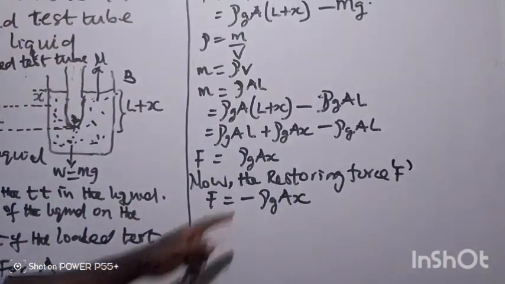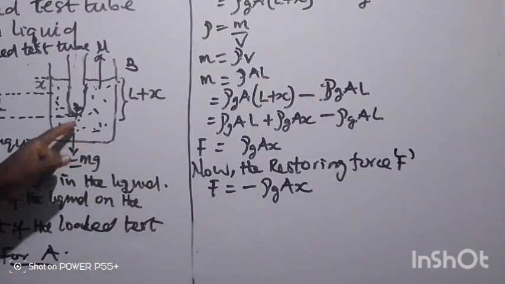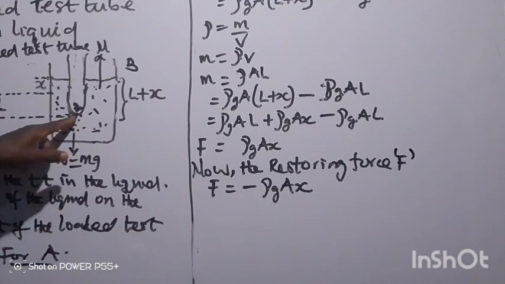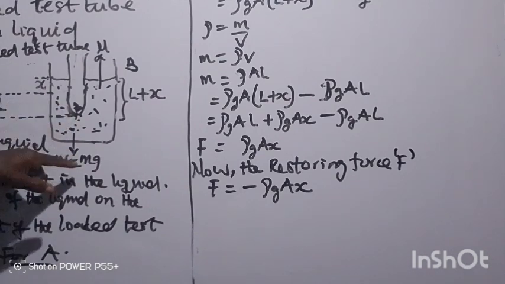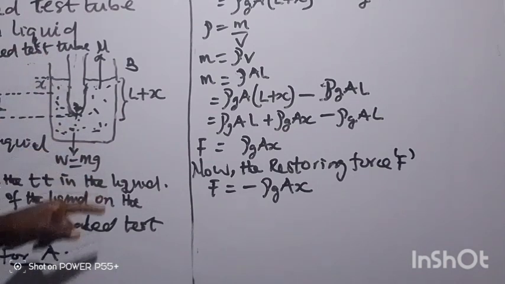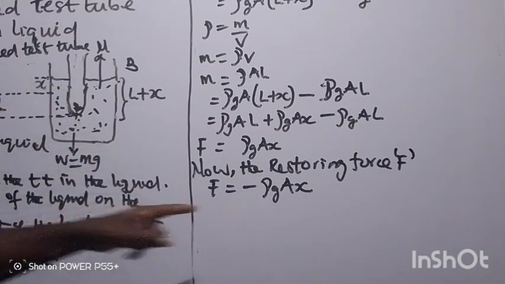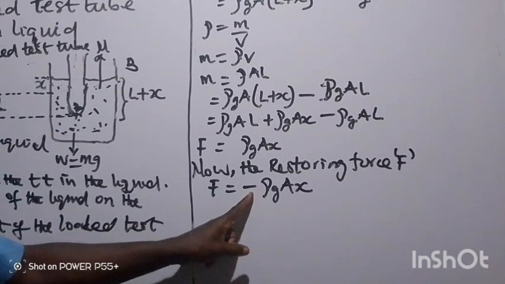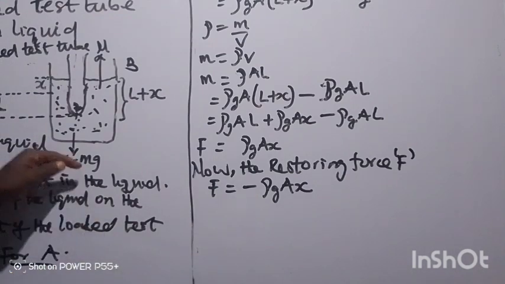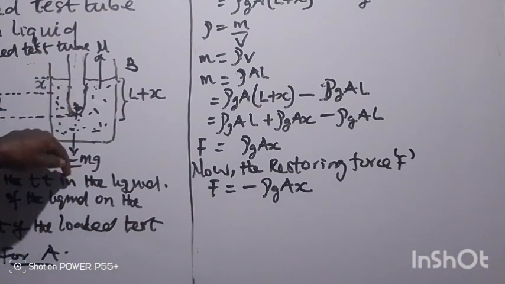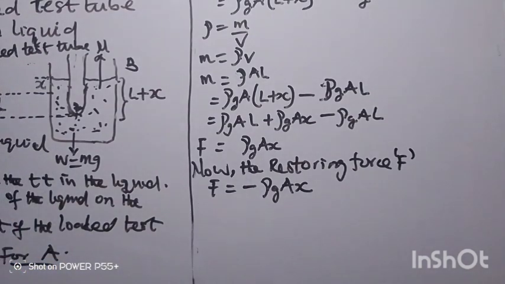That is the force that will restore the particle or the mass from displaced point to its equilibrium position. So that is why it takes negative sign, because it's opposing the force that is acting downward. So it will take negative sign, as we explained in our former lesson.